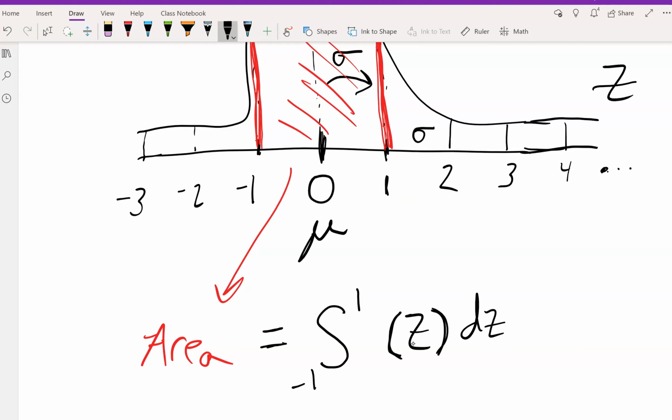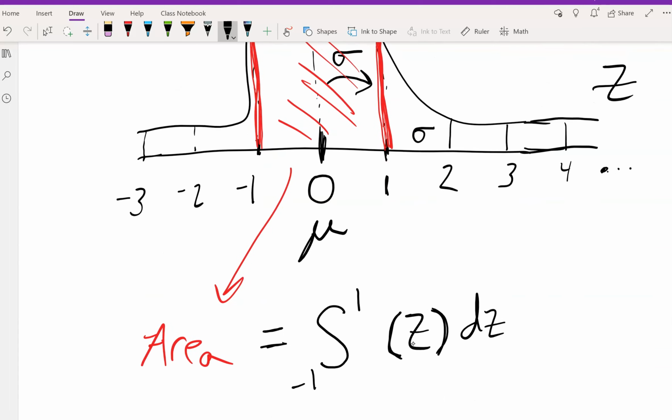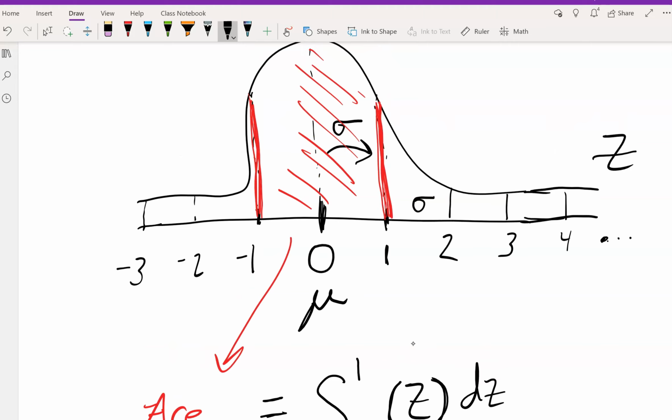A computer can easily calculate integrals. Excel does a great job of calculating integrals for us. And so this area, which if we had to do it by hand, would be very, very cumbersome, and only those people that can do Calc 2 or Calc 3 could do it, can be done by pretty much everybody. So again, the question is, how much area is in this red region?